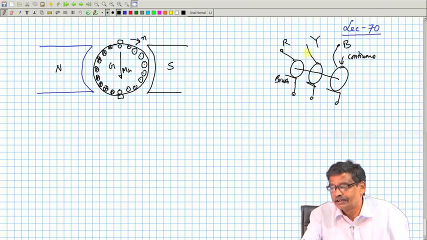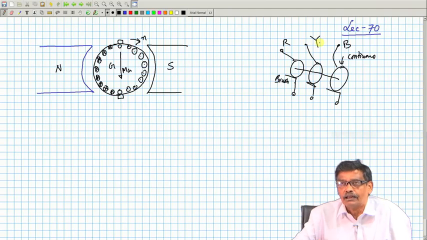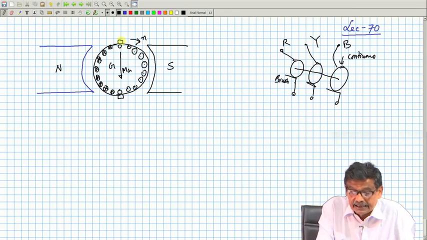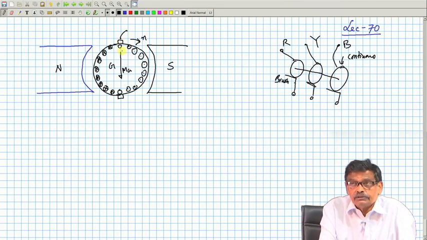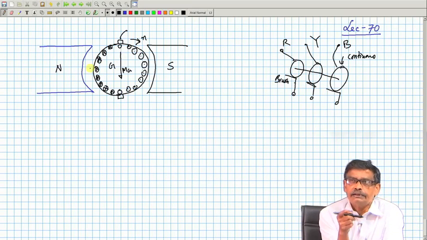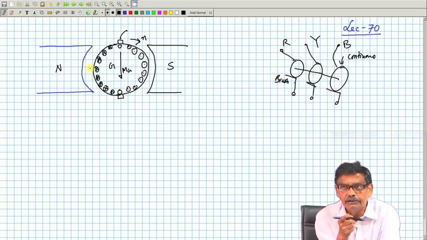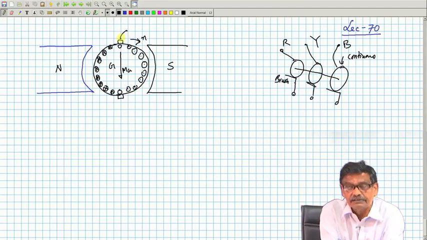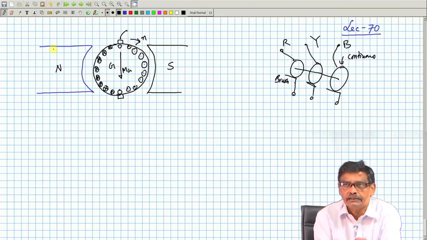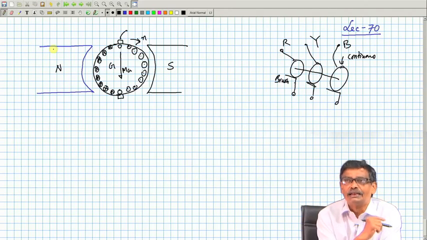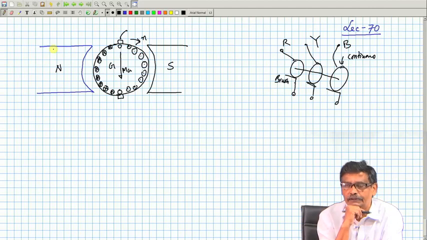Similarly, this one is connected to one side of a fixed coil. But in this case, the brush through the commutator segment is getting connected to different coils. When a coil comes to a particular position, only then this brush gets connected to it. It is not connected to a fixed coil end, otherwise you would have got AC like the other one.